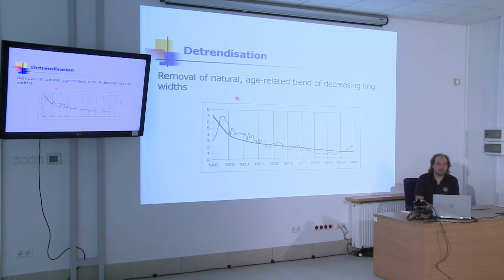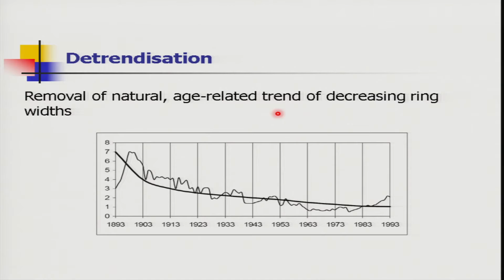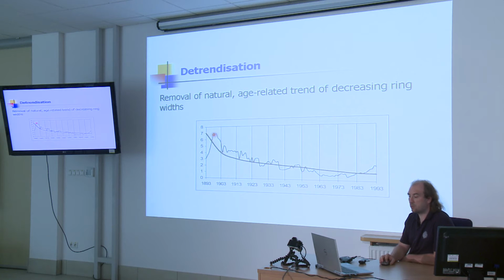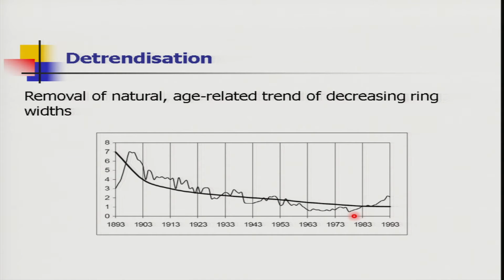There is a natural, age-related trend, depicted here, as you can see. In the thinner line, you see tree-ring widths. So over the time, at the beginning, we have wider rings. Trees produce wider structures, the growth is bigger. And over the time, it goes down and down.